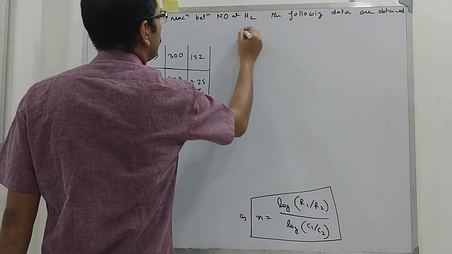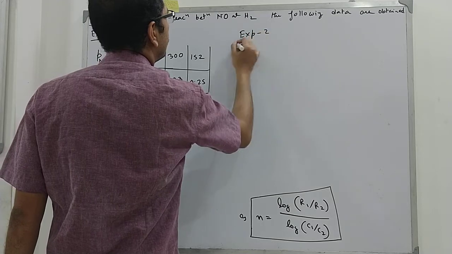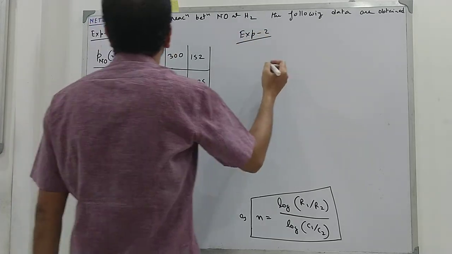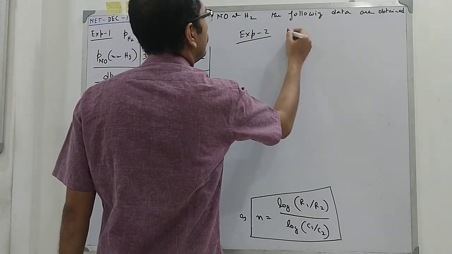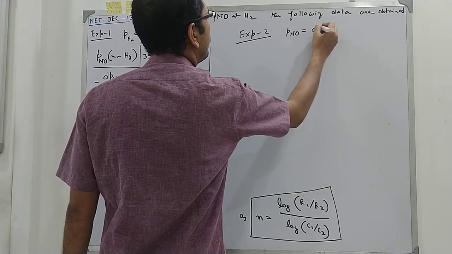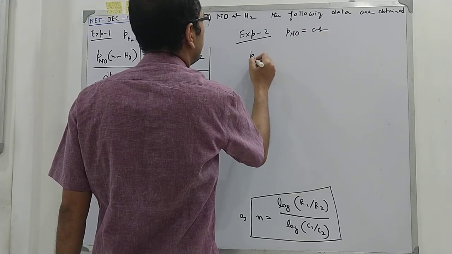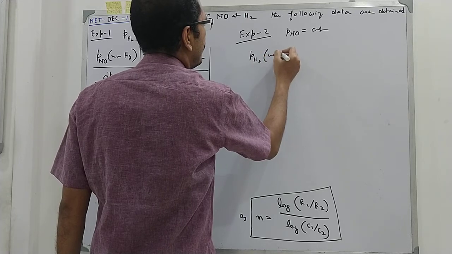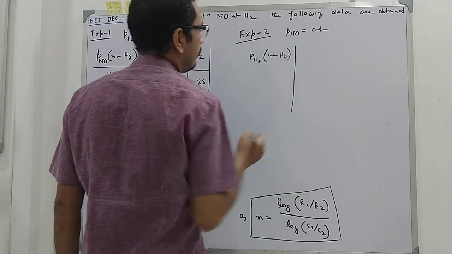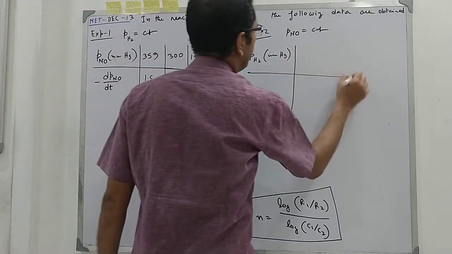Now the second experiment was done for the same reaction, keeping all other parameters constant. Here the pressure of NO was kept constant and pH2 was changed.